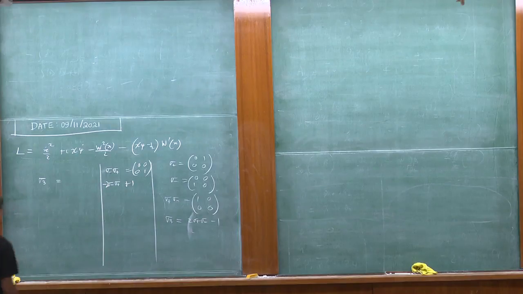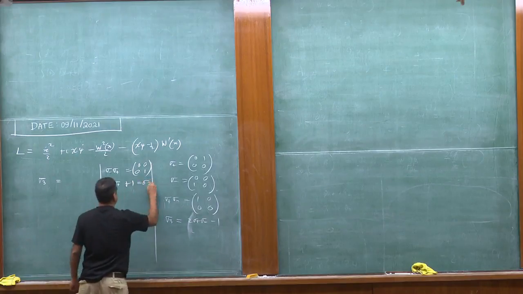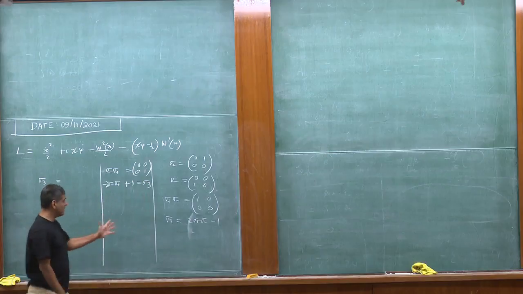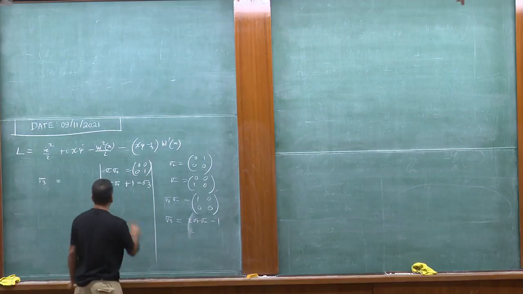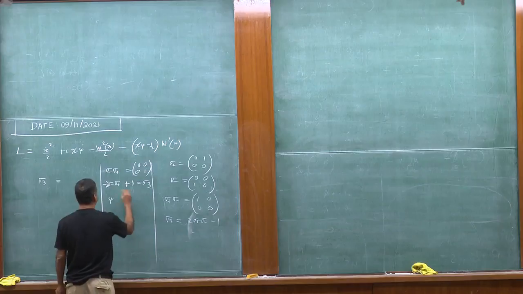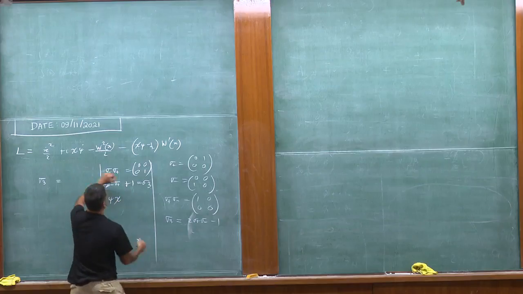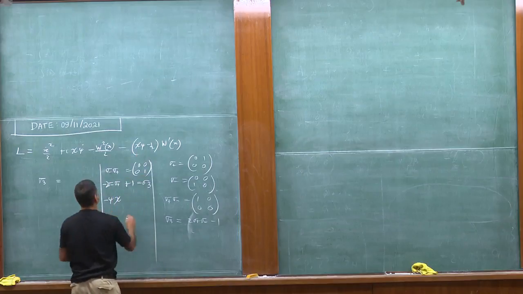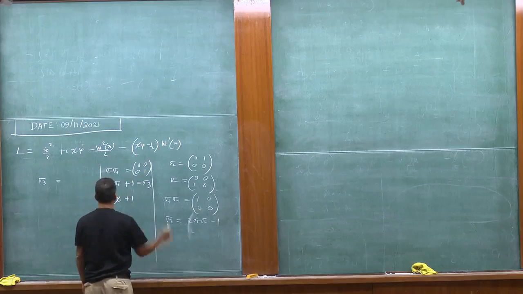So this is equal to sigma 3. So if we'd done this, we would have got the same kind of path integral representation, but where we had chi psi, we would have put minus chi psi, and then we would have put a plus 1.